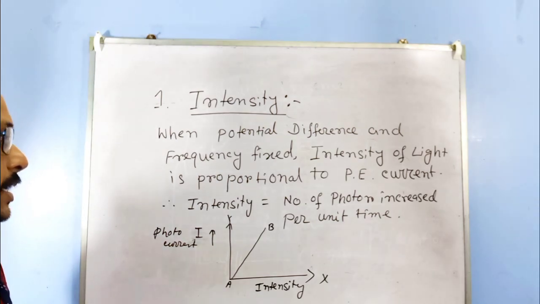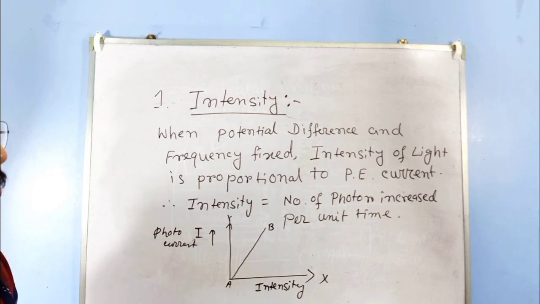So, photocurrent depends on the intensity. I hope you understand the explanation.